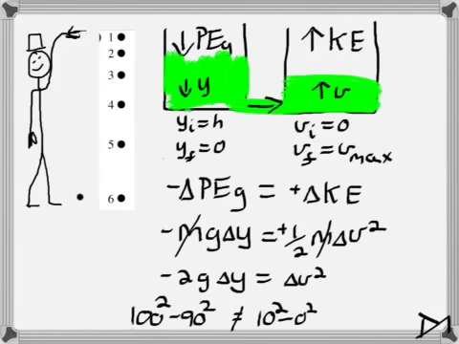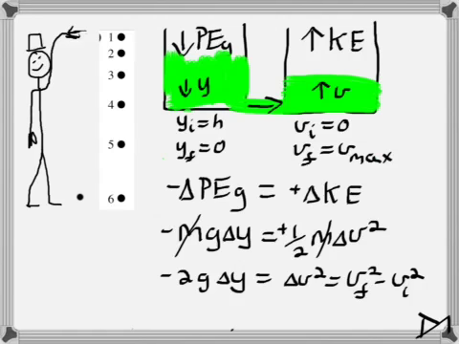It's 100 squared minus 90 squared, which is not the same thing as 10 squared minus 0 squared. It's nowhere close. It's kinetic energy final minus kinetic energy initial, which means it's v final squared minus v initial squared. Do not make that mistake. Delta v squared is v final squared minus v initial squared. And there's your kinematic equation again.